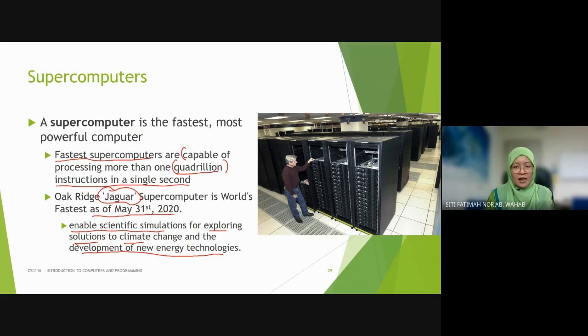Another use is to develop new chemical compounds, especially for pharmaceutical purposes, and also for security cryptology. Alright, so this is an example of a supercomputer. Okay, they are big.